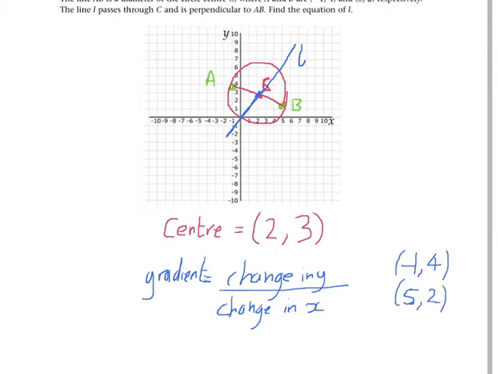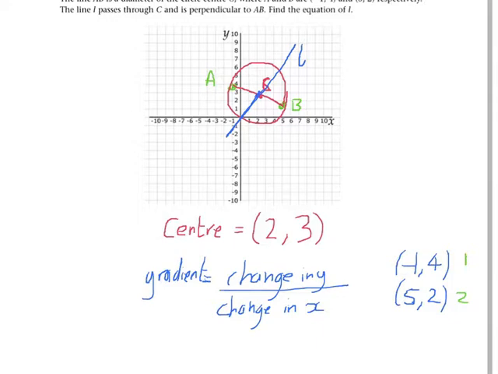So let's call the first one 1 and the second one 2. Remember, you've always got to take them away the same way. So if you're going to do 2 minus 1, you've got to do that in both the change in y and the change in x.